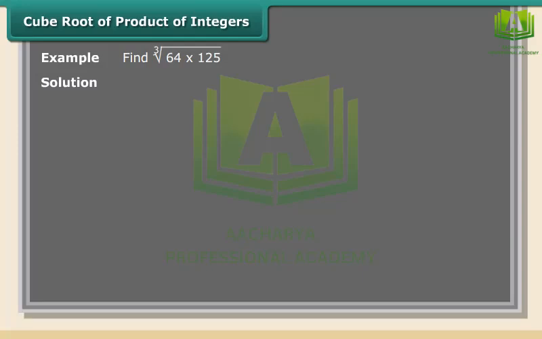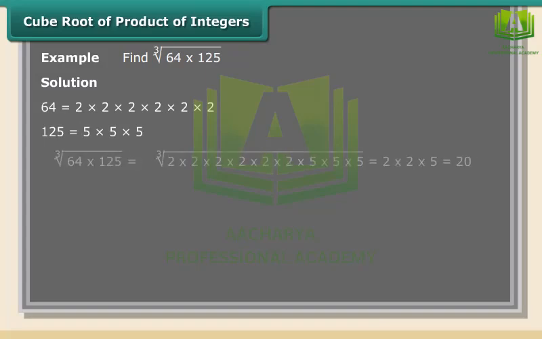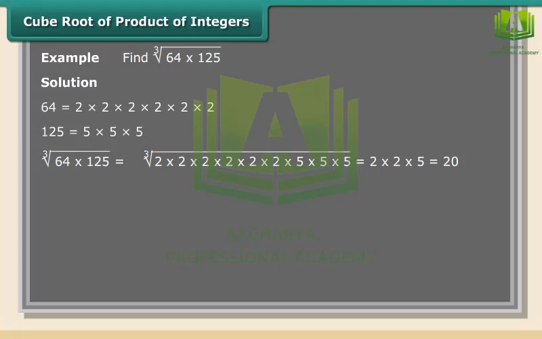Solution: 64 = 2 × 2 × 2 × 2 × 2 × 2. 125 = 5 × 5 × 5. ∛(64 × 125) = ∛(2 × 2 × 2 × 2 × 2 × 2 × 5 × 5 × 5) = 2 × 2 × 5 = 20.